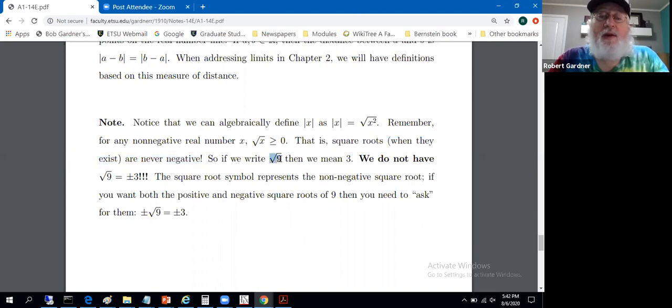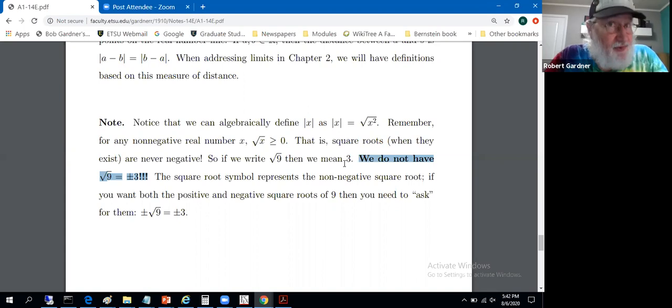When you write the square root of 9, you mean 3. I'm hesitant to write something down that's wrong, but put it in boldface. We don't have the square root of 9 equals plus or minus 3. This is false. The square root of 9 does not equal plus or minus 3. The square root of 9 equals 3. Ask your calculator. Enter 9, hit the square root button. It'll tell you 3, not plus or minus 3.